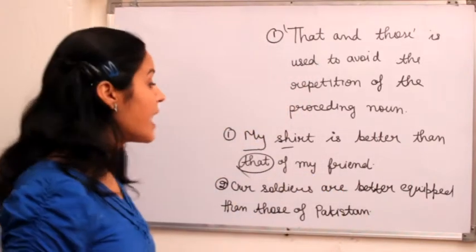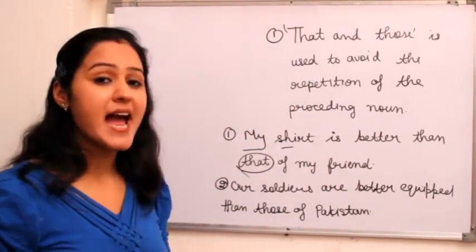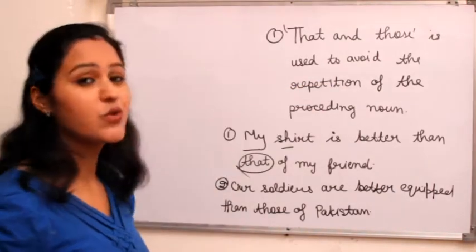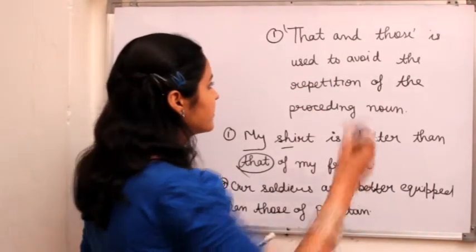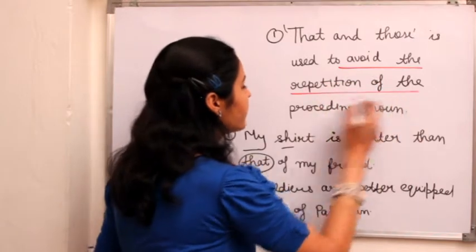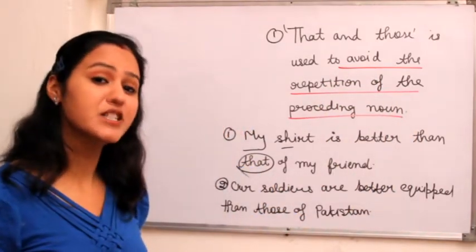So here I explain that that and those is used to avoid what? Repetition of the preceding noun.